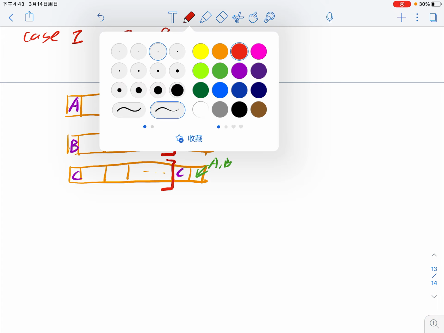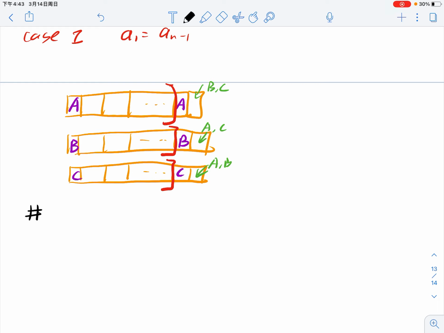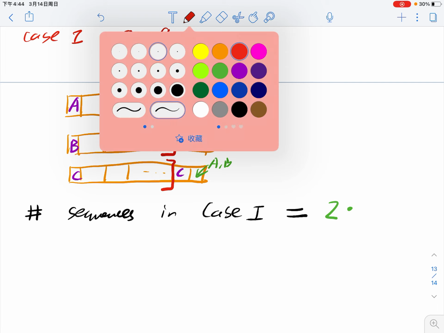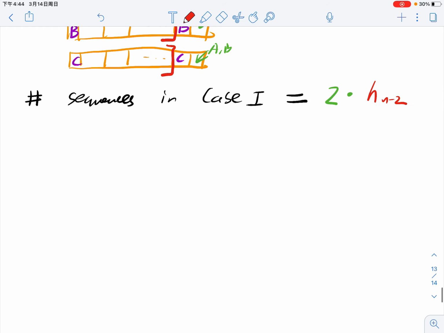So for each one, the number of sequences in case 1 is 2 choices for the last position times H(n-2), because you do the truncation. Only look at the first n minus 2 positions.